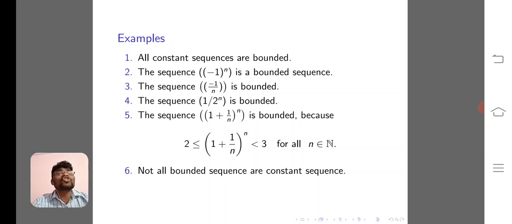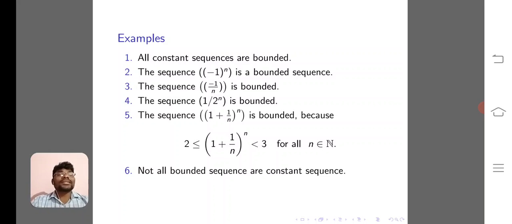Put n equal to 3, it gives -1 by 3. N equal to 4, -1 by 4. It's going on. All are bounded below by -1. So all the terms of the sequence lie between -1 and 0. -1 is the lower bound, 0 is the upper bound. So the range of the sequence is a bounded subset of R. So this sequence is a bounded sequence.